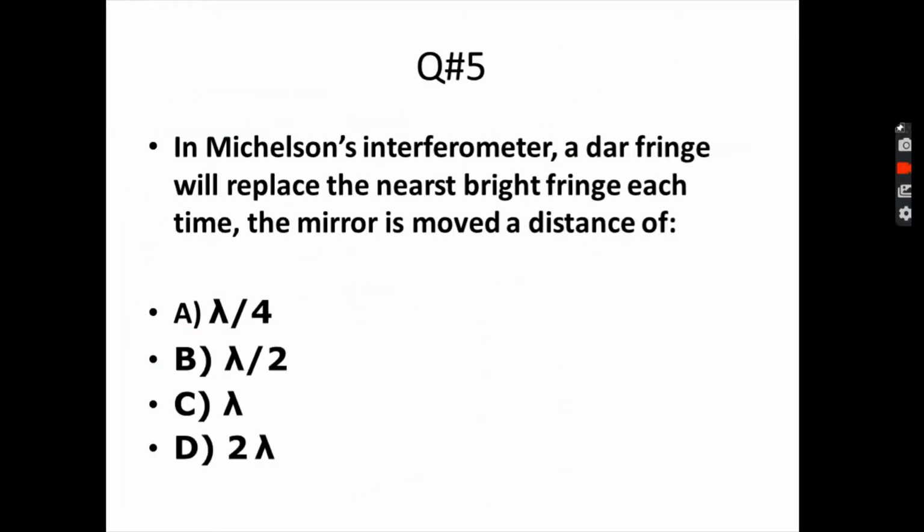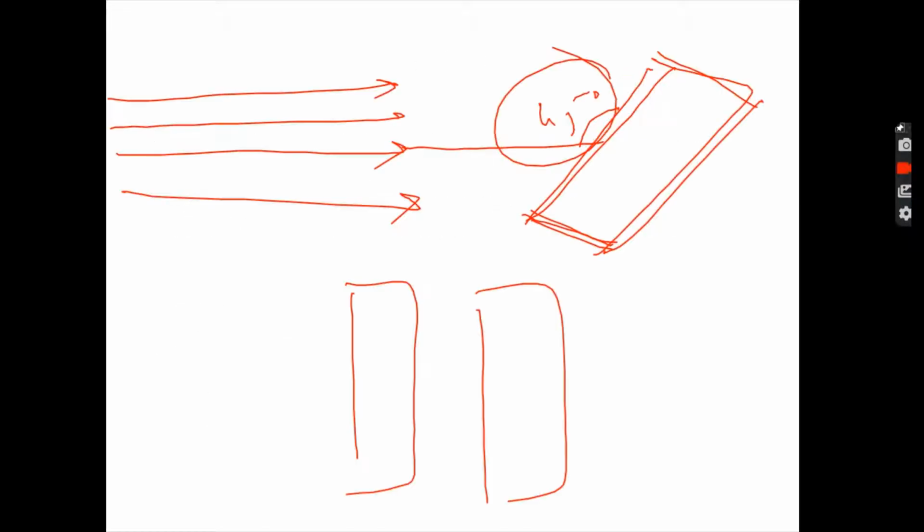Got it? The next question is, in Michelson interferometer, a dark fringe will replace the nearest bright fringe each time the mirror is moved a distance of. Let's suppose here is the mirror.